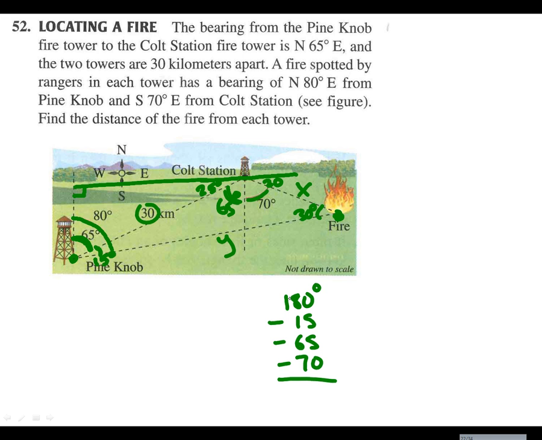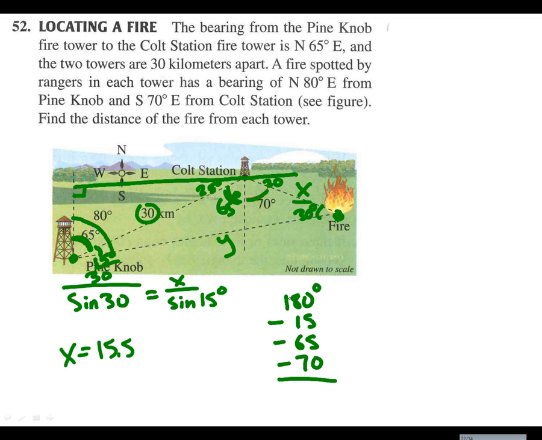So sine of 30 matches up with 30 kilometers. And x over the sine of 15, since x is opposite 15 degrees. Plug that in, you're going to get x is equal to 15.53.